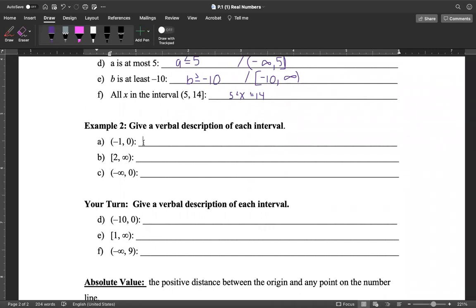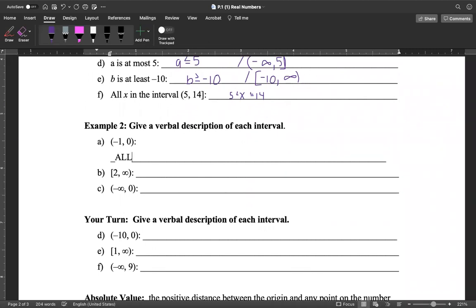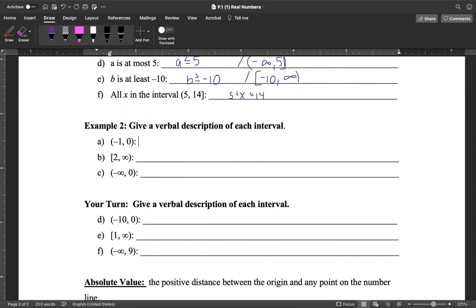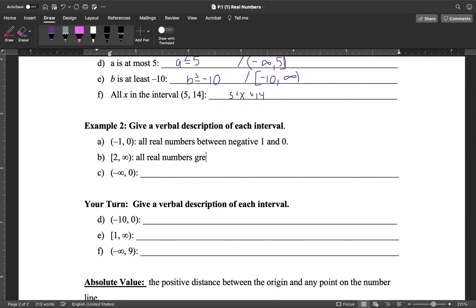Now it says give a verbal description. So I'm going to say, all real numbers between -1 and 0. Because we are counting all of those numbers, but we are not including -1 or 0. The next one, if we were to do this one, we would say all real numbers greater than and equal to 2.